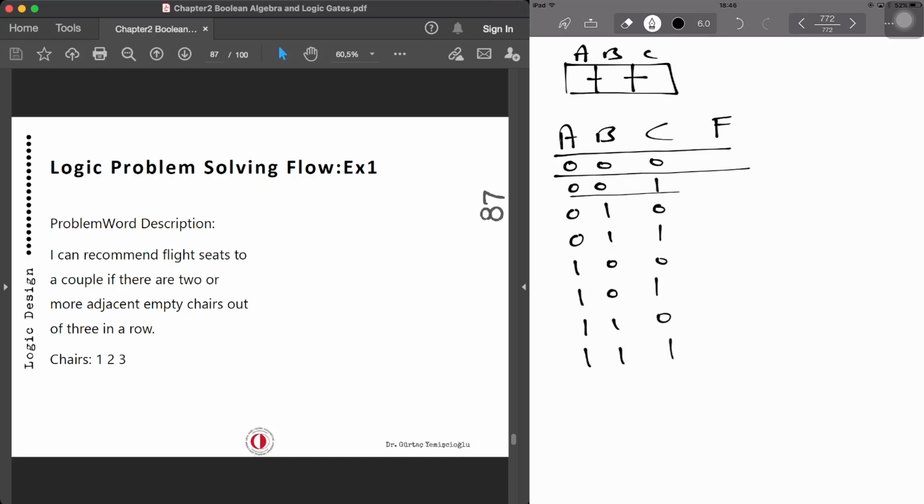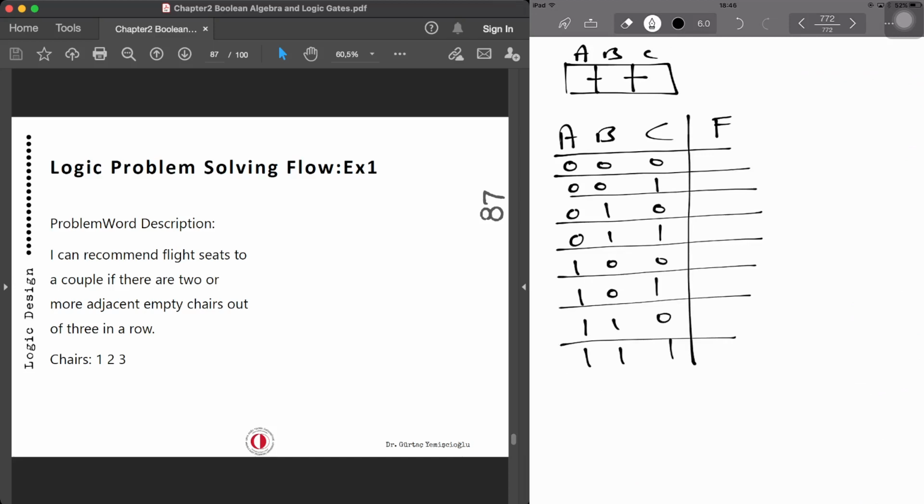And these 8 possible combinations can be output based on the problem description. So we are looking for adjacent empty seats. We can say 0 for empty and 1 for full or occupied.